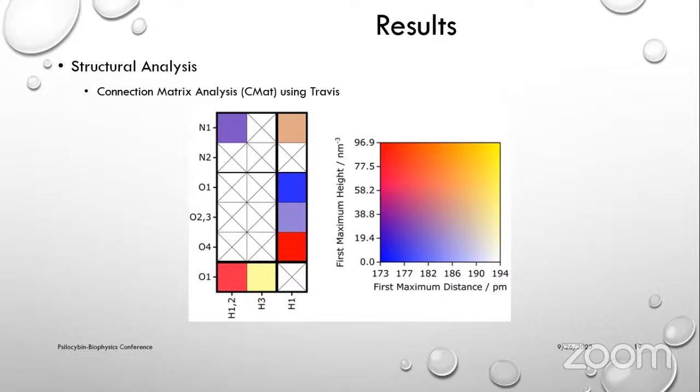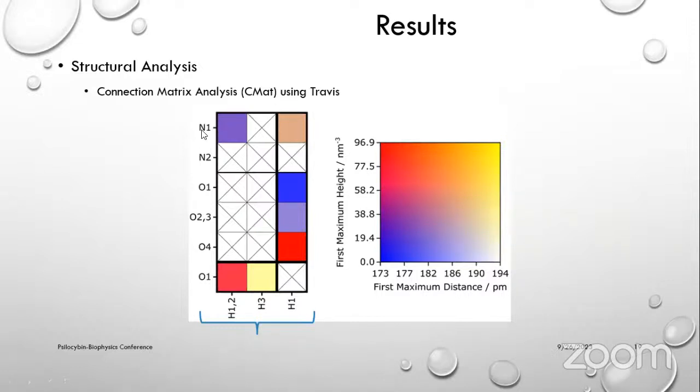This structure, I just picked one from the analysis, but I use this as a template to explain, then I'll go to the results of the CMAT analysis. On the left part of our diagram, we have the polar atoms, which can be from the drug or from the solvent.